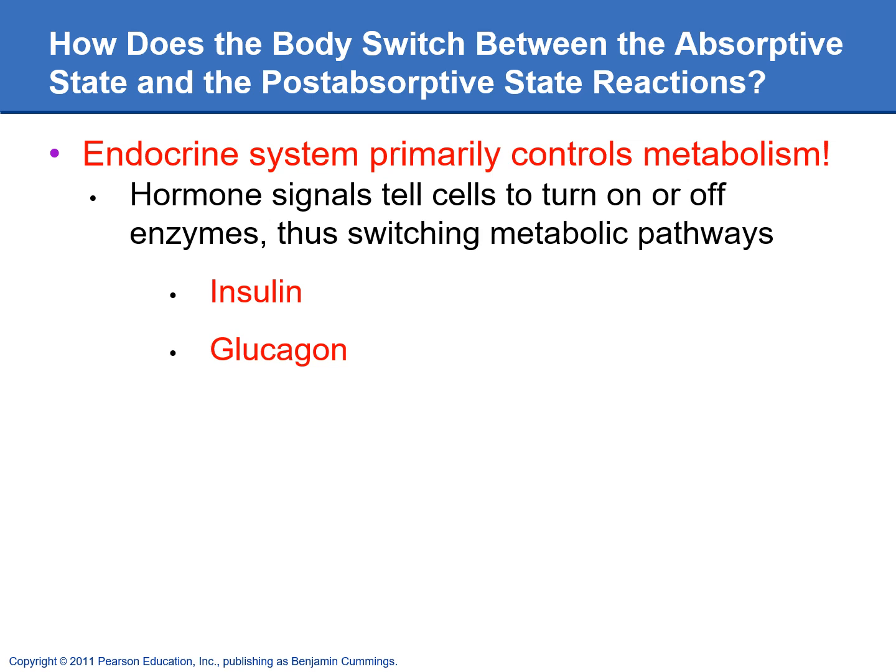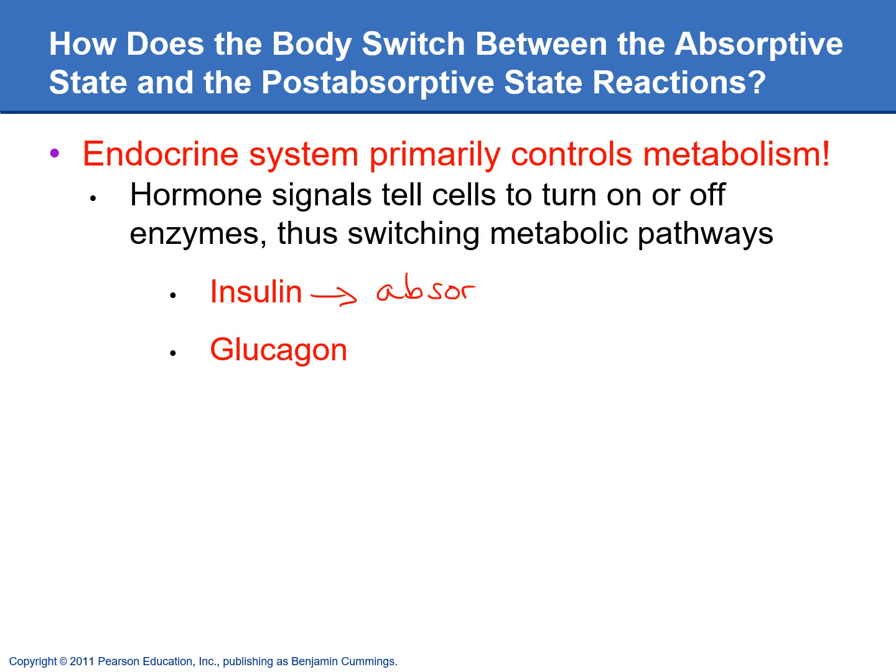So there's two hormones that are used to control the switch. We've got insulin and glucagon. And both of these hormones are actually made by the pancreas. And insulin is going to be secreted during the absorptive state. So it'll be released right after you've eaten to about a couple hours afterward.